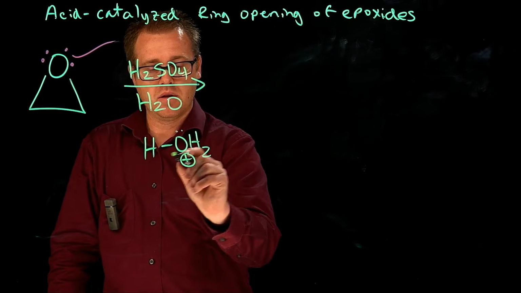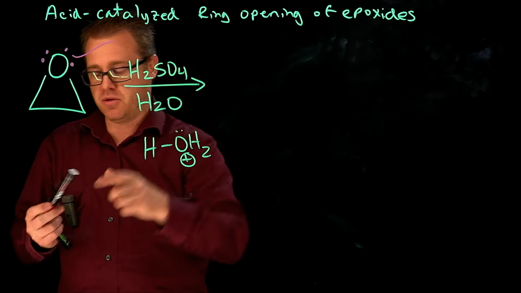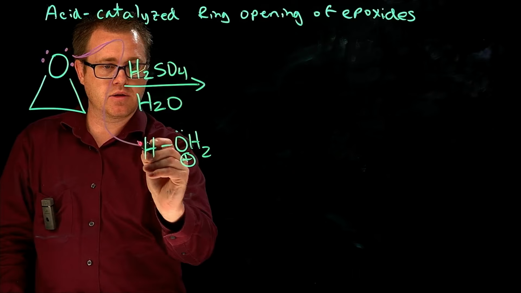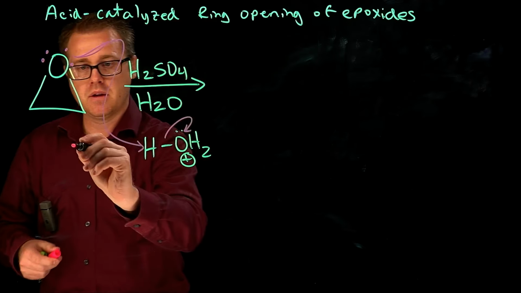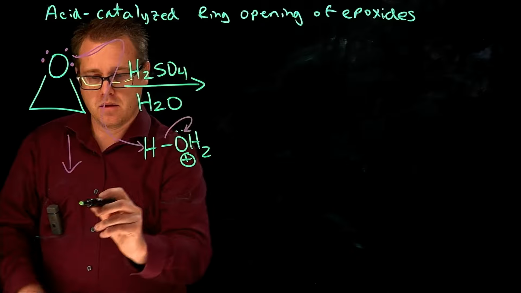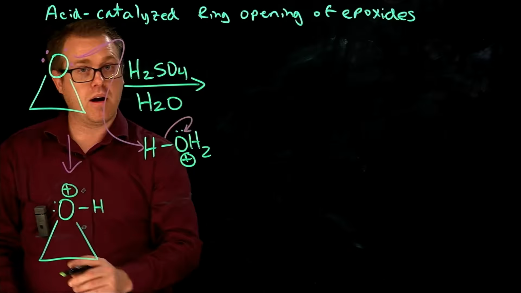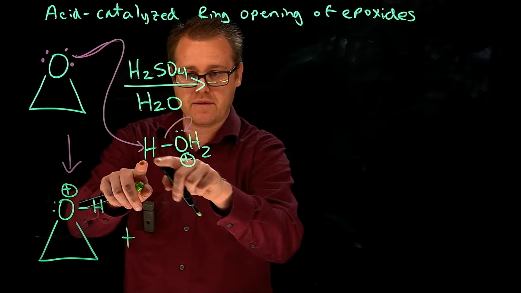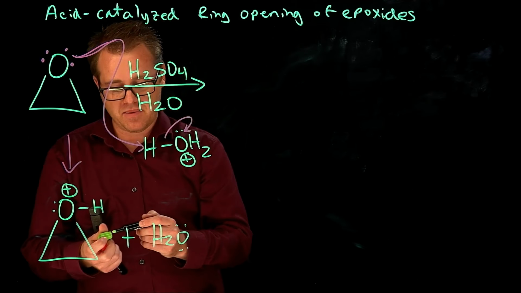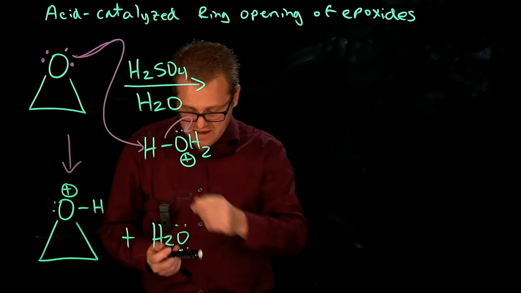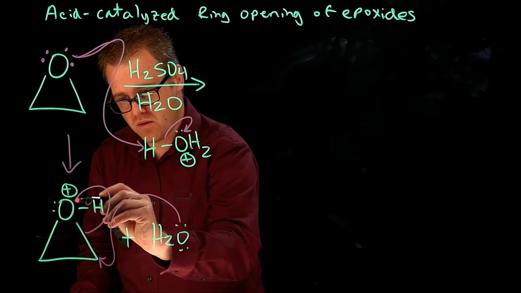And so the first step, what's going to happen when you mix these two reagents together is it's going to form the hydronium, and that's going to protonate the epoxide. So if we go down here, our epoxide will then get protonated right there, positively charged. But what do we have left over after the hydronium gets one of its protons ripped off? We have water that's left behind. And so water is now going to come in and attack like so.